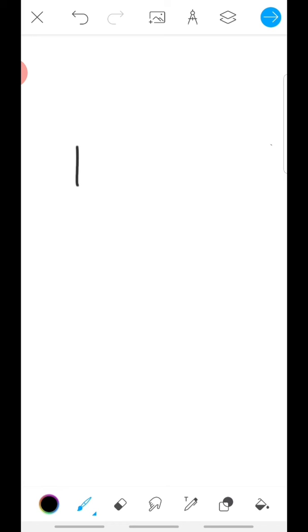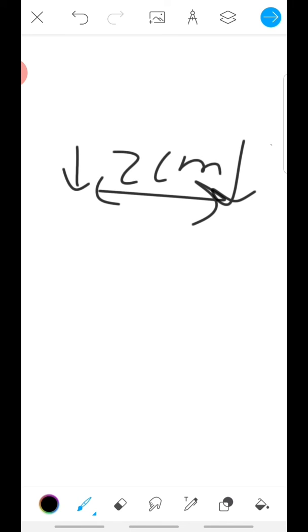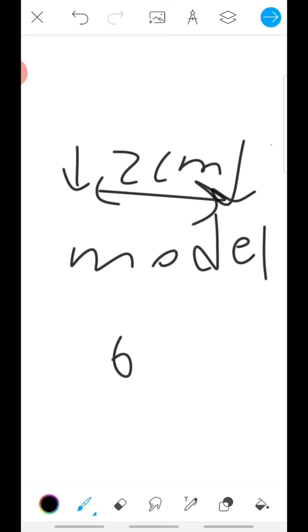So for example, from here to there is 2 centimeters on here. It's 2 centimeters. But in real life, this is just a model. But in real life, it is actually, let's say, 6 centimeters. Meaning that it's 2 to 6.